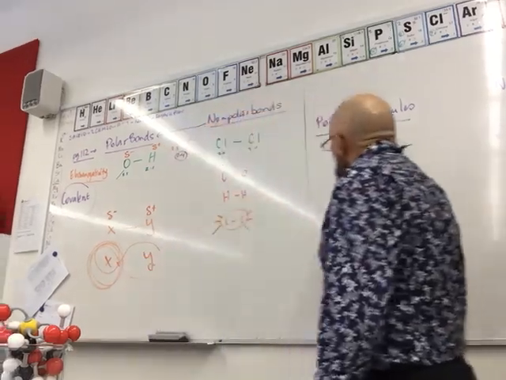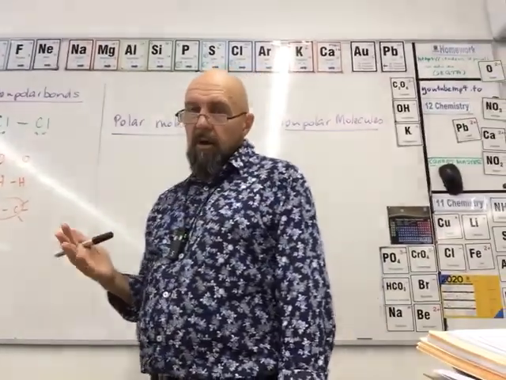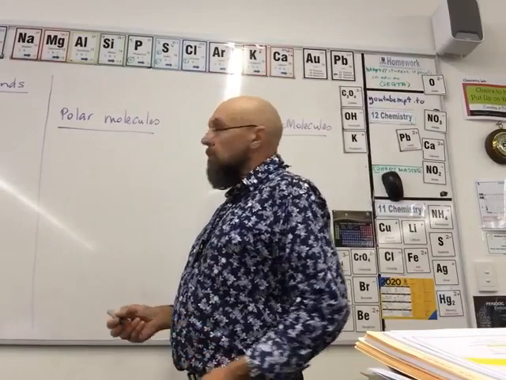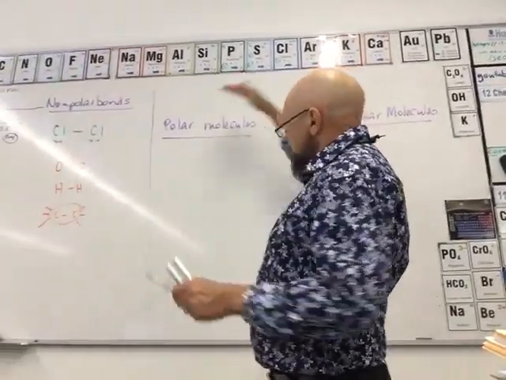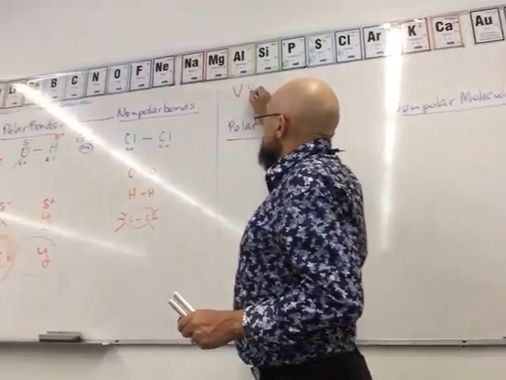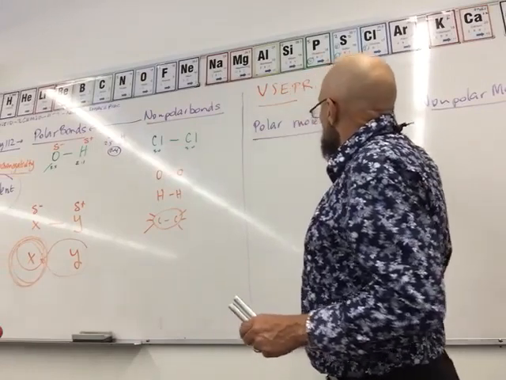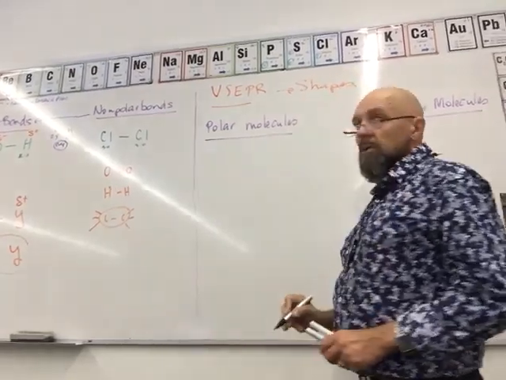Okay. Polar molecules and non-polar molecules. Now, we are a few lessons behind where we should be, and I've changed the order of things. Really, before we do polarity of molecules, we should be doing valence shell electron pair repulsion, but I've saved that for next term because that affects the shapes of a molecule.